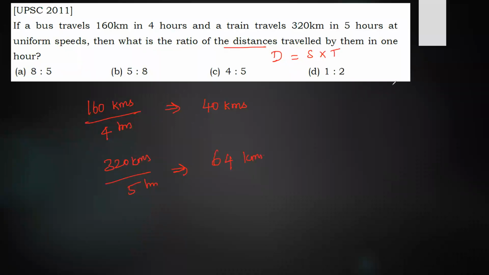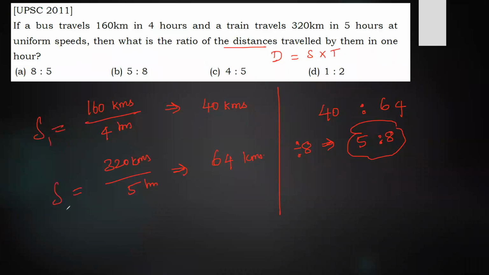Next one, 320 kilometers in 5 hours. Therefore, for 1 hour, if you divide it, you will get 64 kilometers. Just take the ratio of distance in 1 hour. So 40 is to 64. If you divide by 8 throughout, the answer is 5 is to 8.